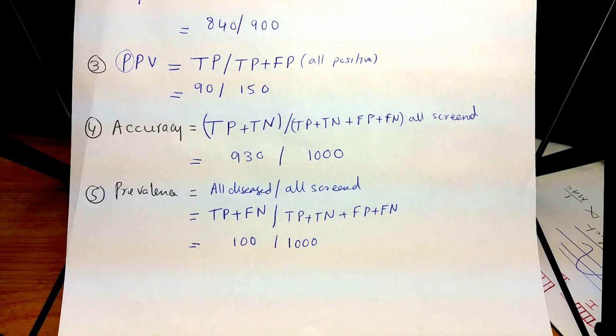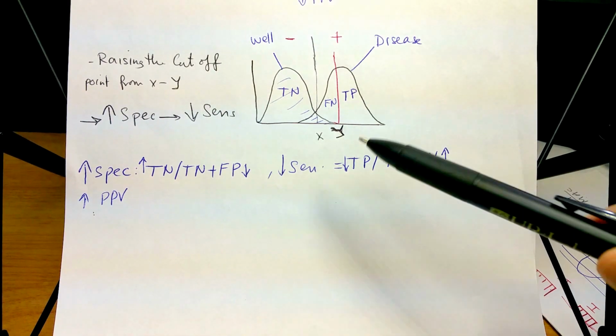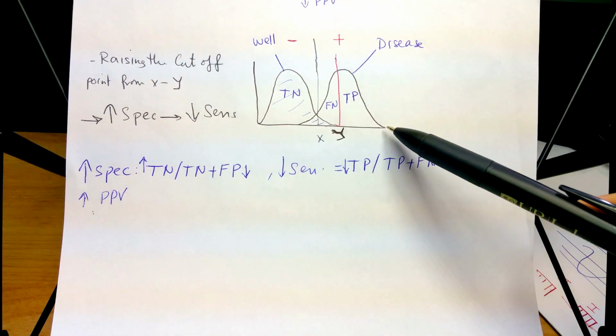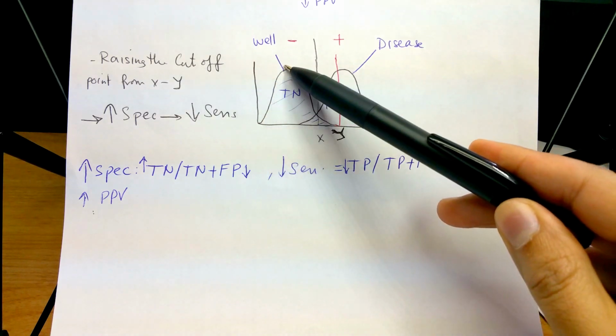So we talked about raising the cutoff of a test. This graph here represents the diseased, and this one represents those who are not diseased.